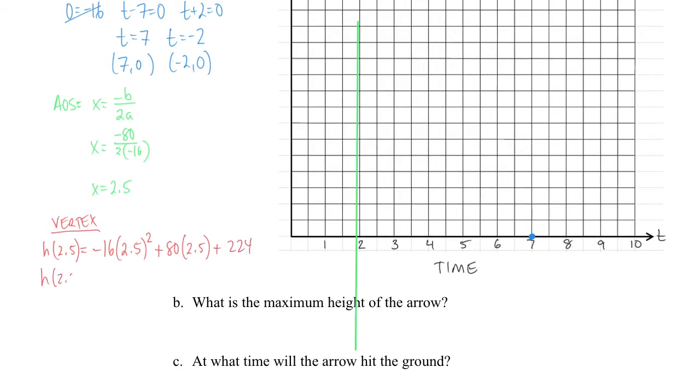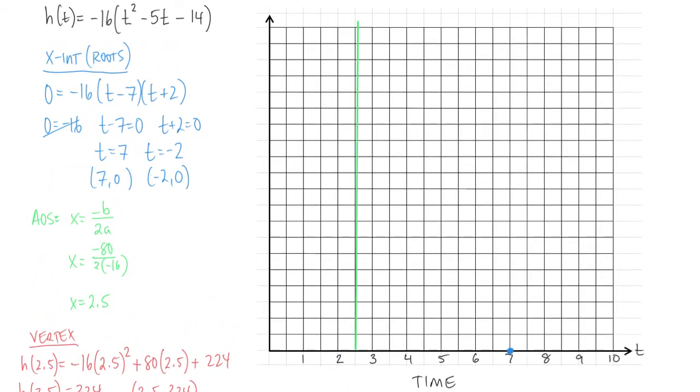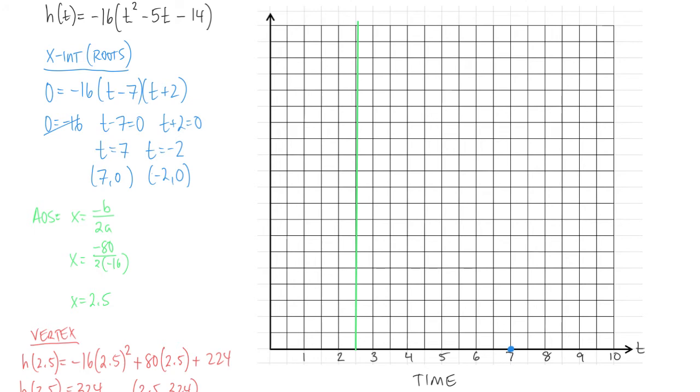So when I put that in my calculator, make sure you put all those parentheses in, I get 324. So my vertex then is 2.5, comma, 324. And what that 324 tells us is the max. So that allows me to create my scale. So on my y-axis, I know I need to get at least up to 324. So let me figure out my scale, and then I'll be right back.